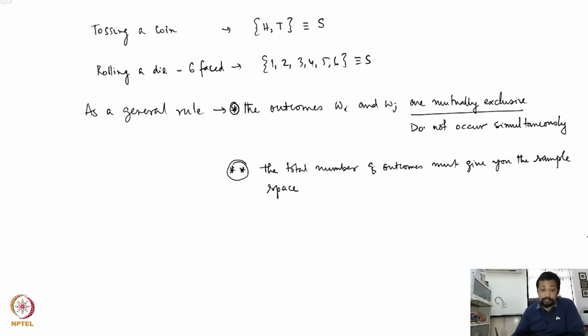If you are missing something, then this is not the sample space, which essentially means that the set of elements should be complete, which we wrote in the earlier statement, that omega i must give you the sample space.